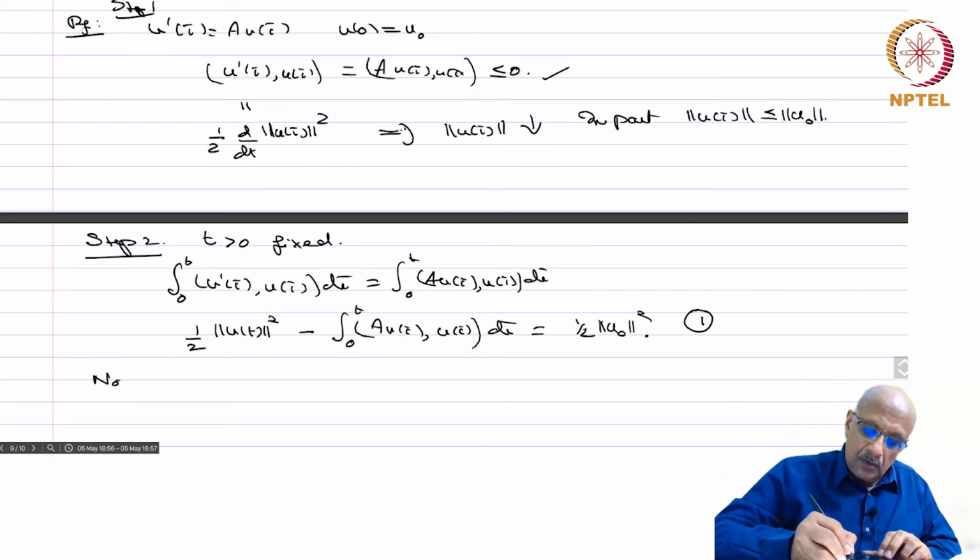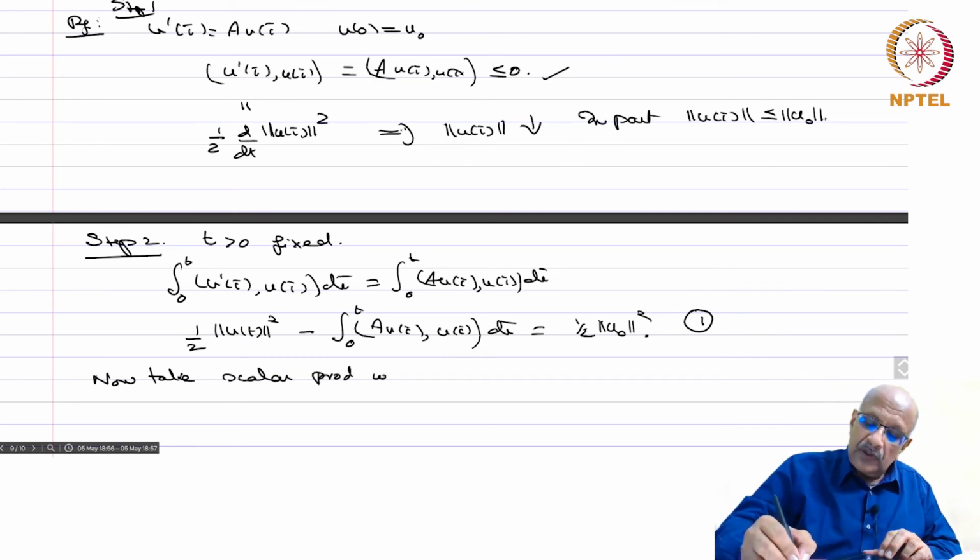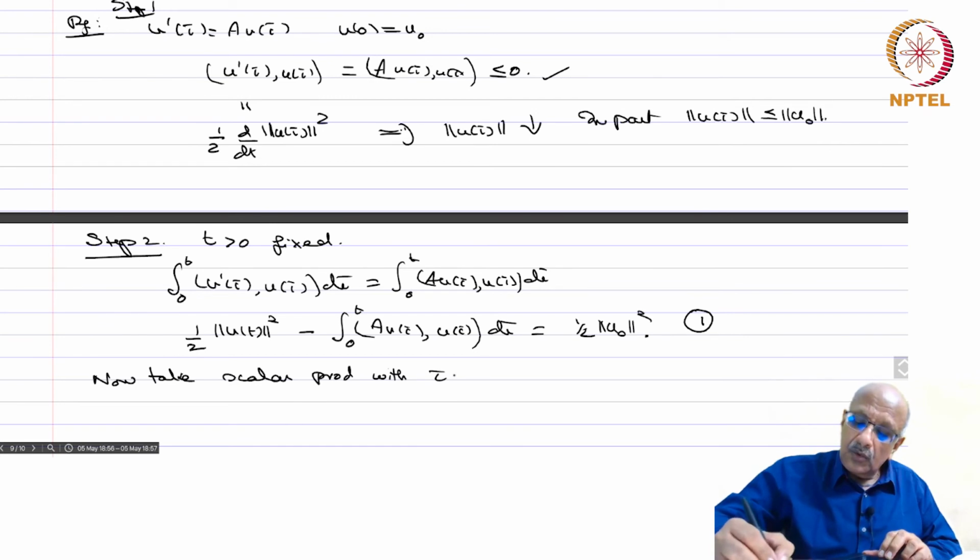Now, take the scalar product with tau u'(tau) and integrate.